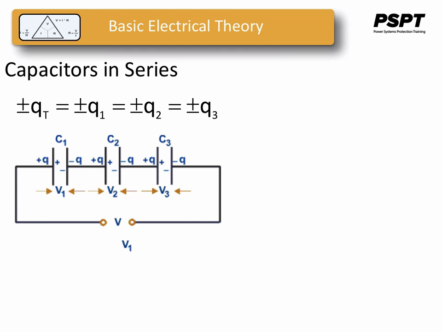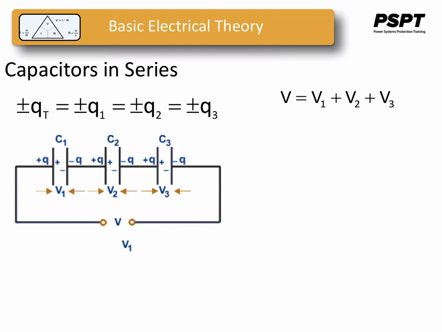If that was not the case, then you'd have a buildup of charge in a wire, and it just can't happen. So we can say that QT is equal to Q1 is equal to Q2 is equal to Q3, which is the charging of the plates.